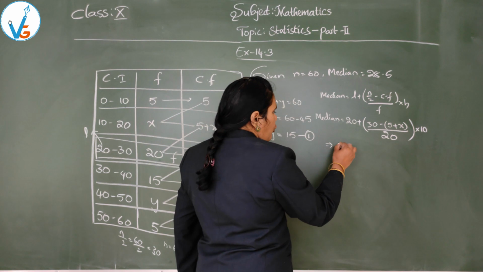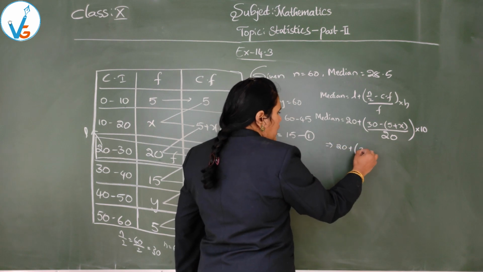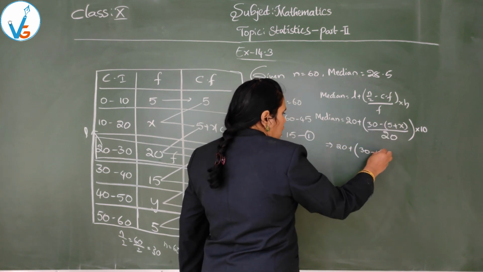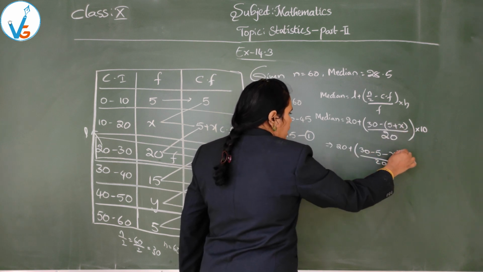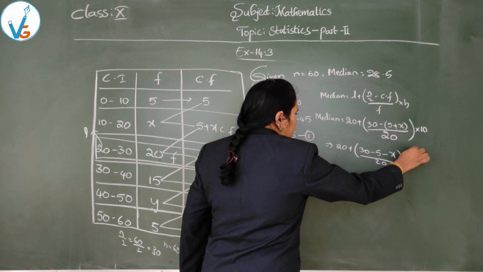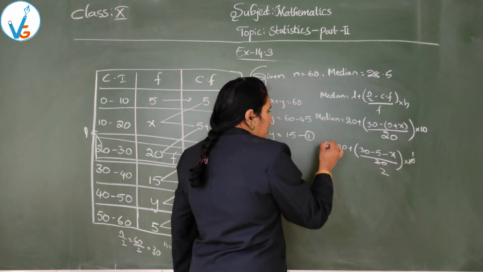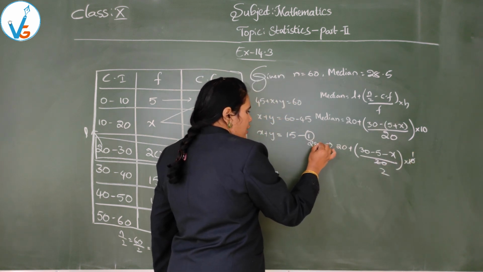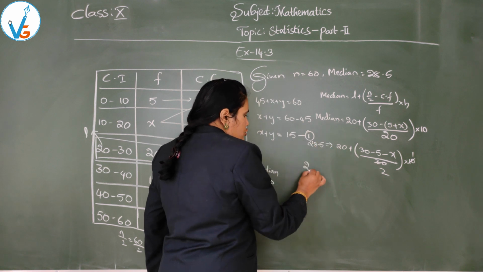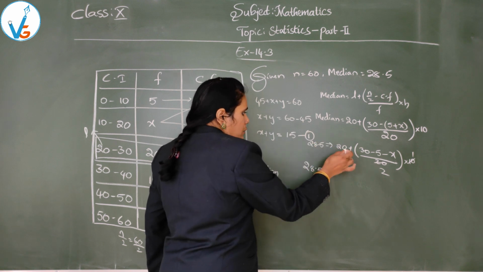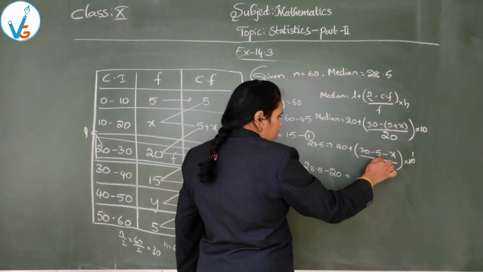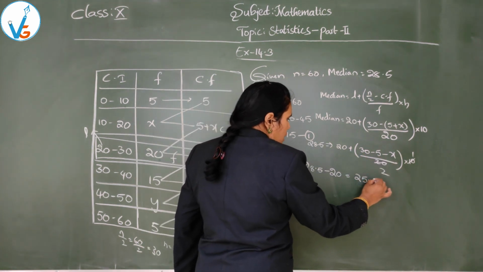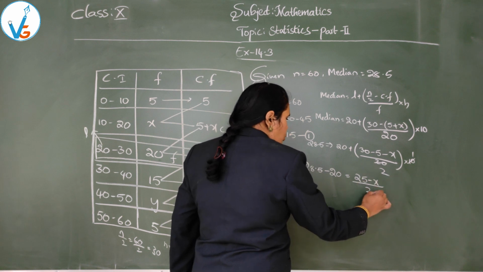Next, what we have to do? 20 plus 30 minus 5 minus into x will be minus x by 20 into 10. 10 ones are 10, 10 twos are 20. Here, for us, median answer is given as 28.5. Bring this 20 this side, minus 20, which is equals to 30 minus 5 will be 25 minus x by 2.